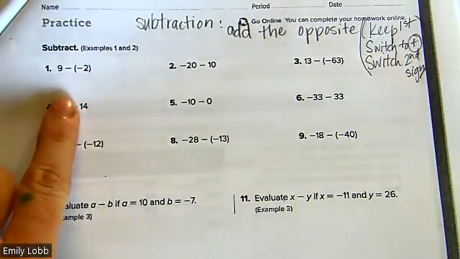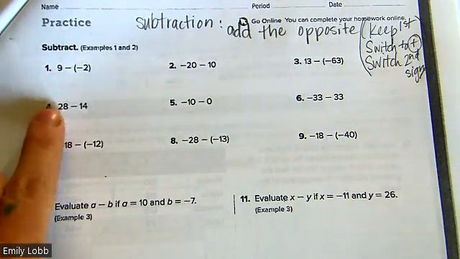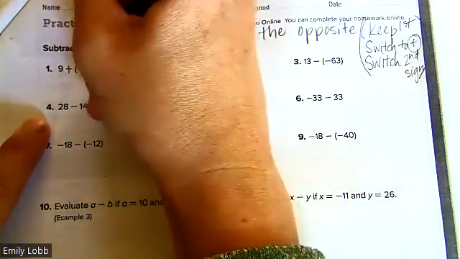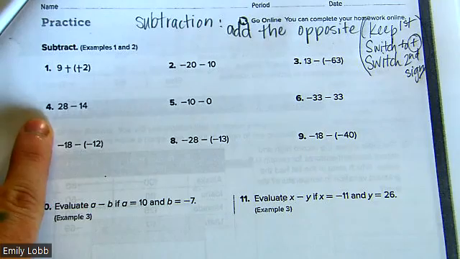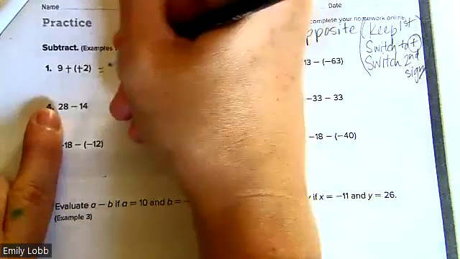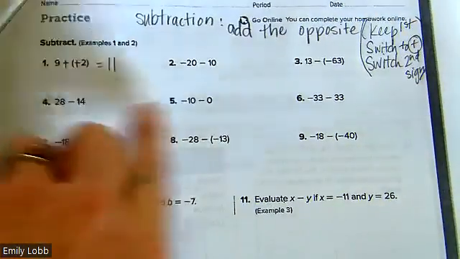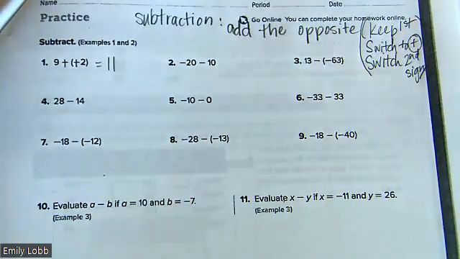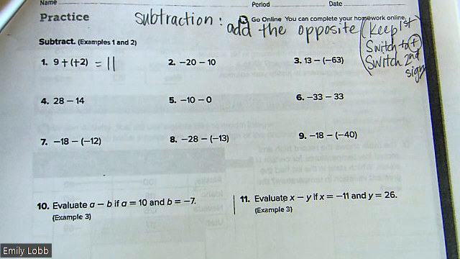Okay, so look here, you're keeping the first, and then you switch. Right? So what's 9 plus 2? 11. That's not so bad. If you start at negative 20 and you're getting more negative, do you think your answer is going to be what?